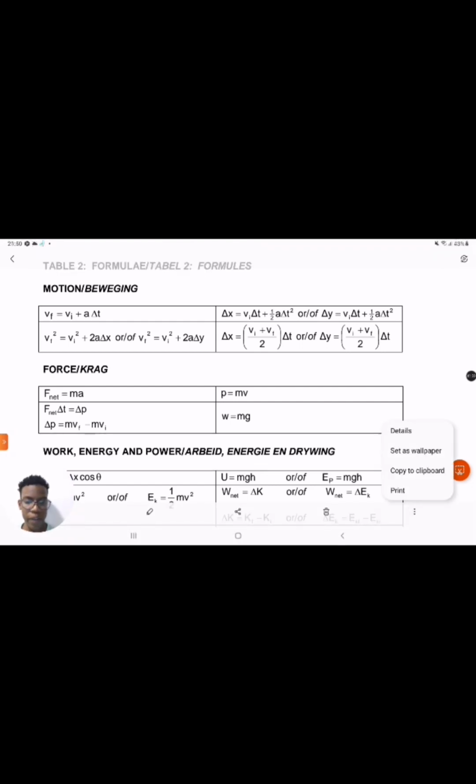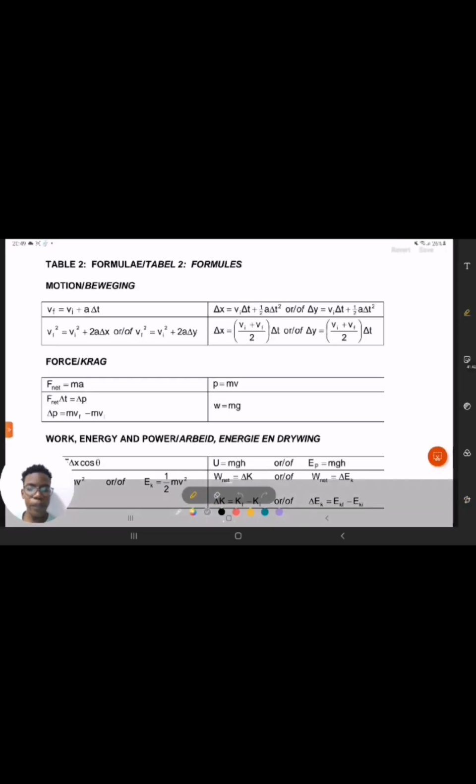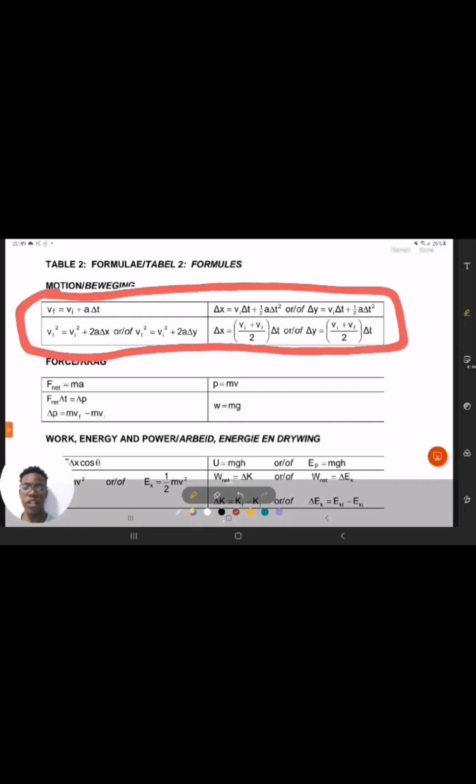So this table here, these are equations. Now if you look at these equations, you use these equations depending on the information that you've been given, right?